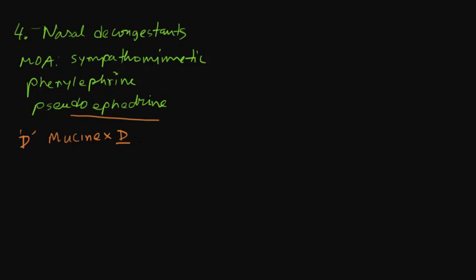So it means that the product usually contains one of the nasal decongestants. And usually these products produce rapid effects when used nasally, but when used orally the effect is a little bit slower, but the duration of action becomes longer.